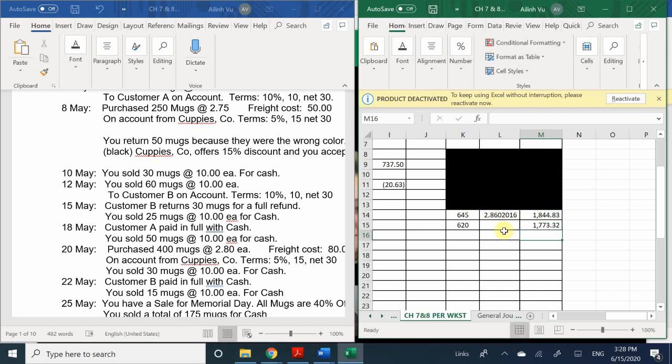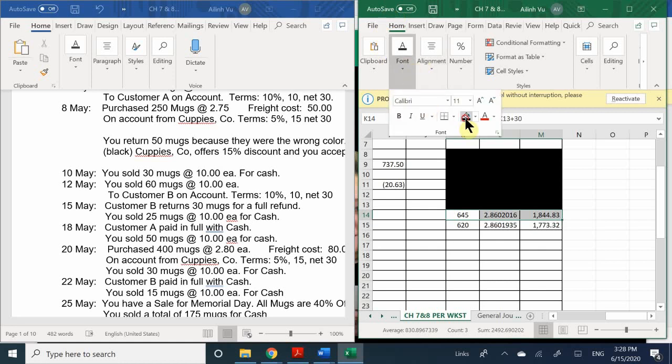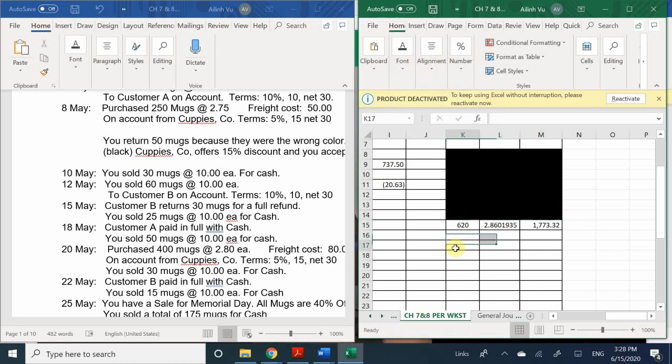And I get what? 1773.32. Yep. And then if I recalculate this, it should be now 86.019. So it changed by a ten-thousandth of a penny. It counts because we're selling thousands of items, so it does count. Oh yeah, every penny counts.